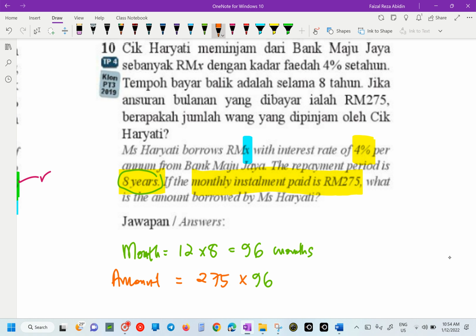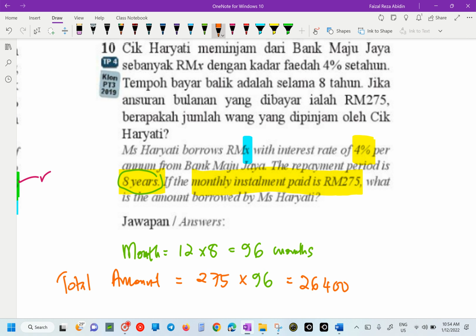How much do we have? 26,400. What is it going to be? It's the amount that we are going to pay over here, the total amount.